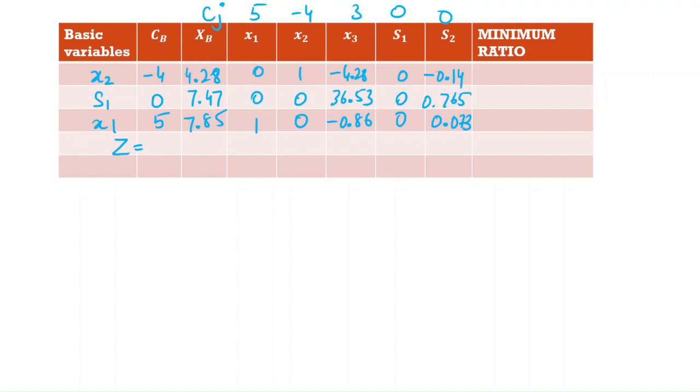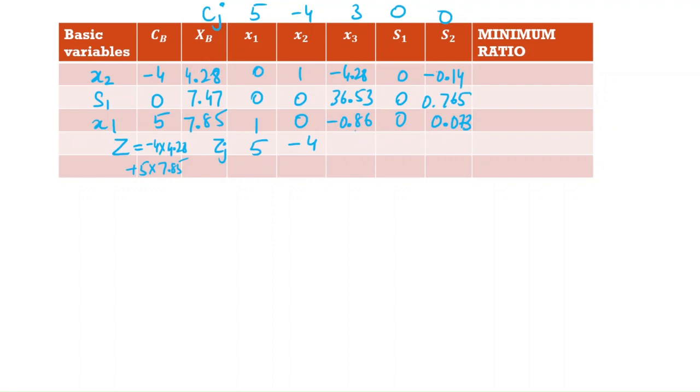Now we'll calculate the Z value. Z would be when you multiply these two, minus 4 into 4.28 and plus 5 into 7.85. So we can calculate this value. Till then we can calculate Zj. Zj would be 5, this is minus 4. This again we can calculate using this.